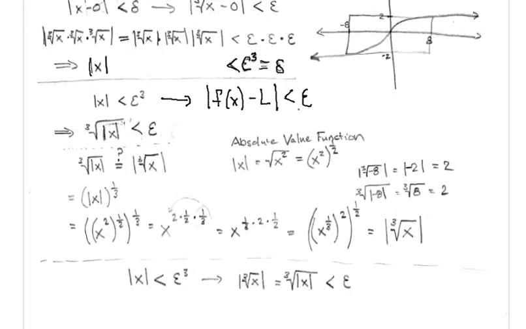And then that means that we need to show that the cube root of x is less than epsilon. So one thing that we can do is take the cube root of both sides of this. And that means that we're taking the cube root of the absolute value of x.